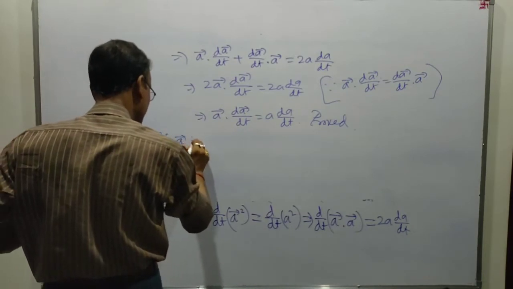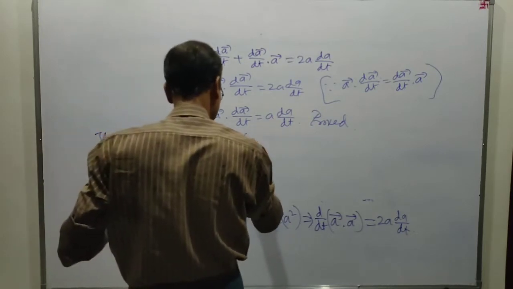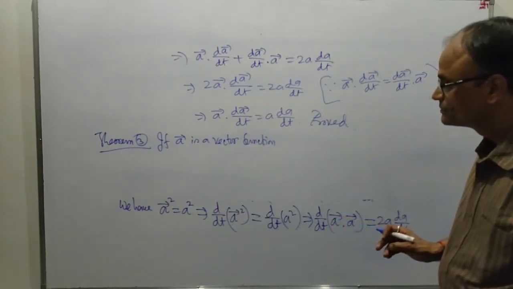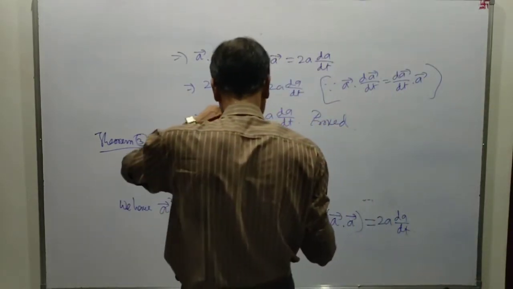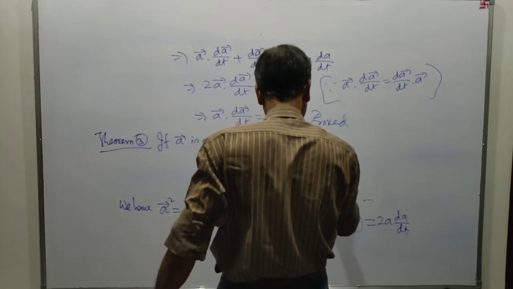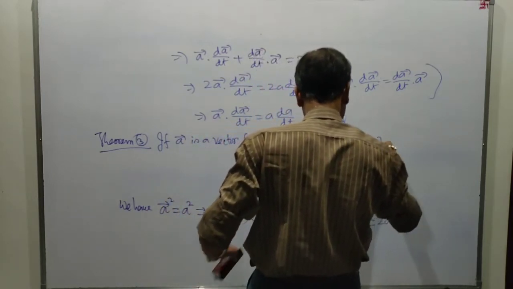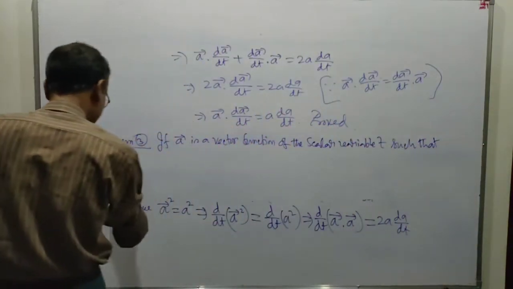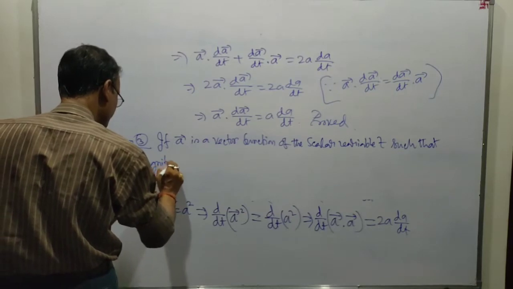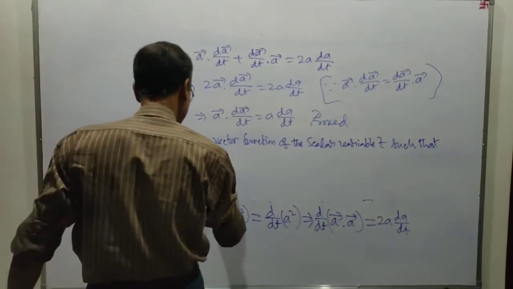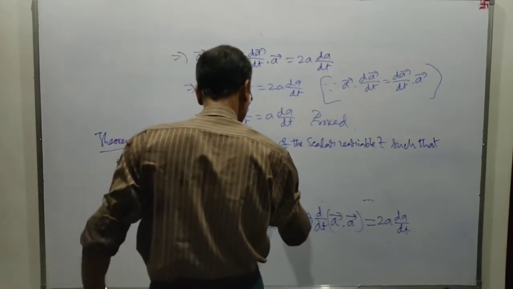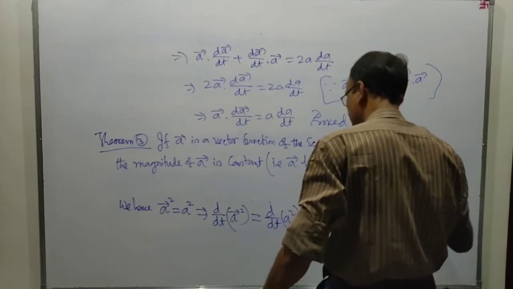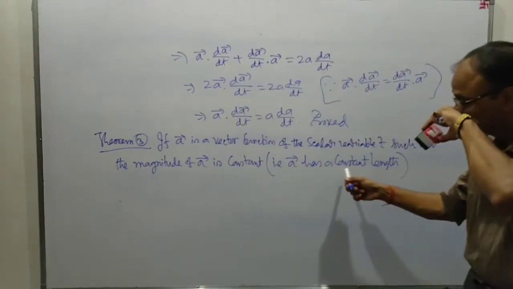If A vector is a vector function of the scalar variable t, such that the magnitude of A is constant, that is, A vector has a constant length.